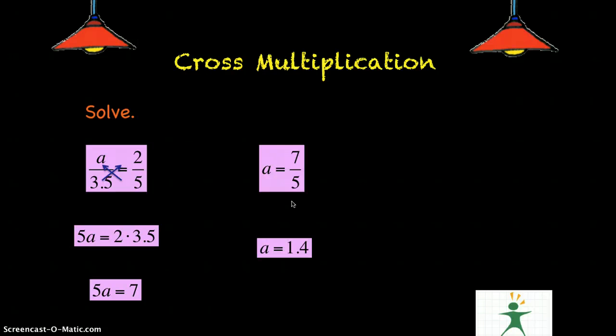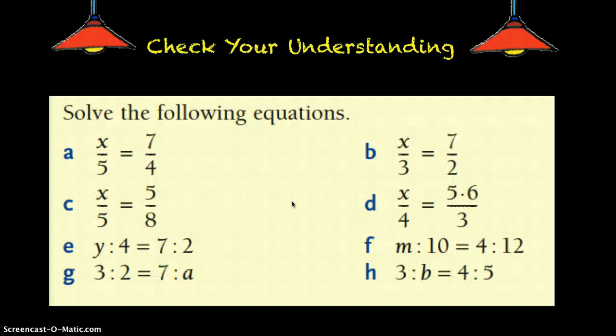Now what I would like you to do is do this in your notebook until you know the process. On the next slide, I would like you to practice what you know. Practice the procedure. It might be easy for you to do it, but I would like you to use the procedure and make sure that you know it. Just to be clear, in letter D, this one is not 5.6.